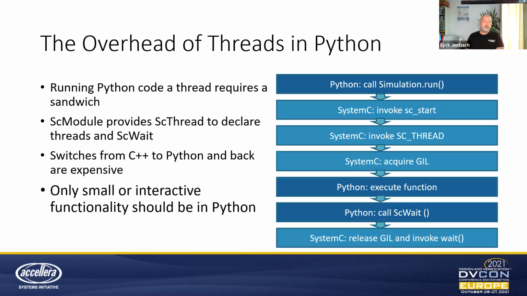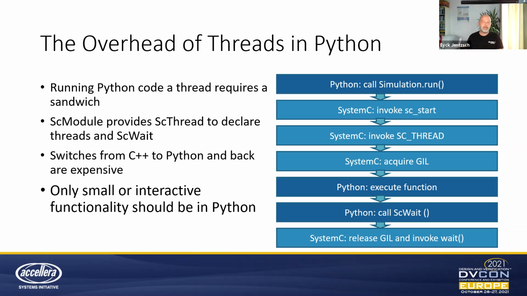As I already noted, there is some overhead involved if you use SC threads in Python, because we have some kind of a sandwich solution. In Python we call simulation.run, which in turn invokes the SC start module, which then creates the SC thread.